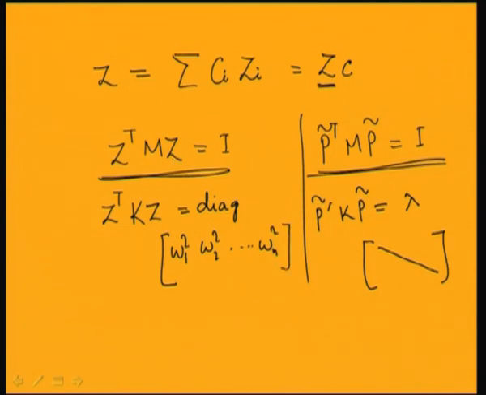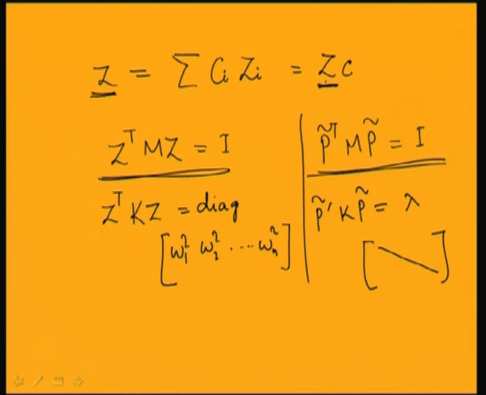So, let us assume a vector Z that can be written in this form, where capital Z is the square matrix. We can take Z in such a way that Z transpose M Z equals I, the unity matrix, and Z transpose K Z equals the diagonal matrix of omega 1 square, omega 2 square, up to omega n square.